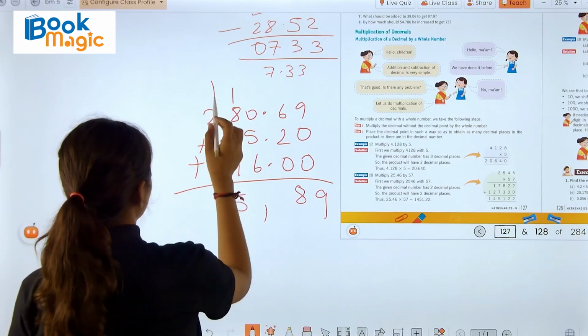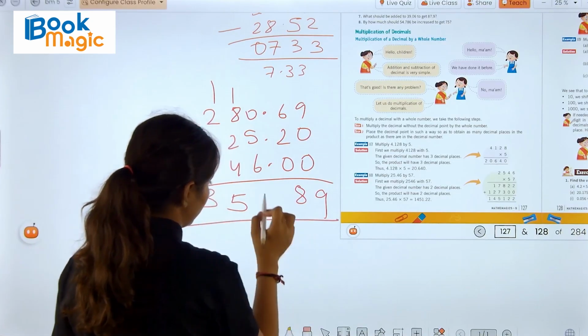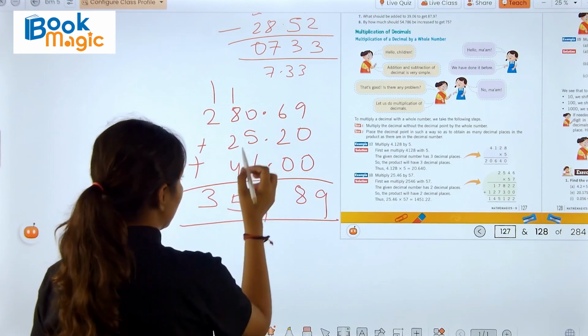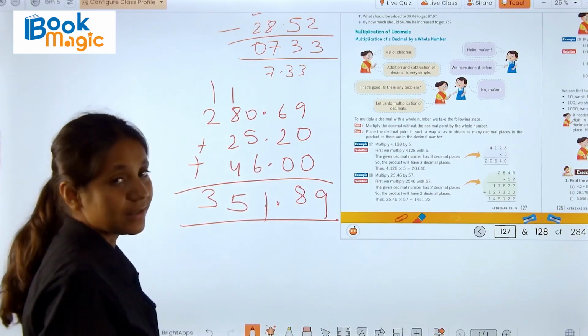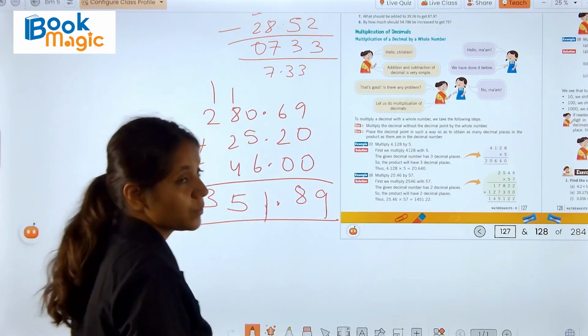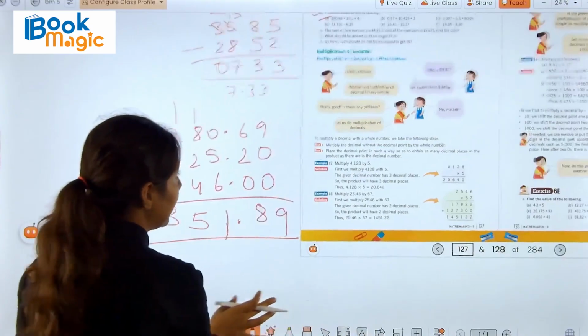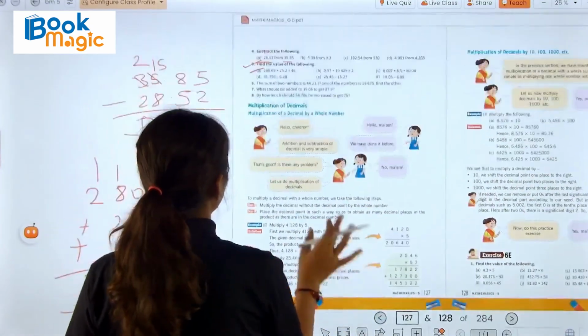Now 2 plus 1 is 3. It will be 3, 5, 1, 8, 9, and writing here the decimal, it will be 351.89. This is how we will find out the answer.